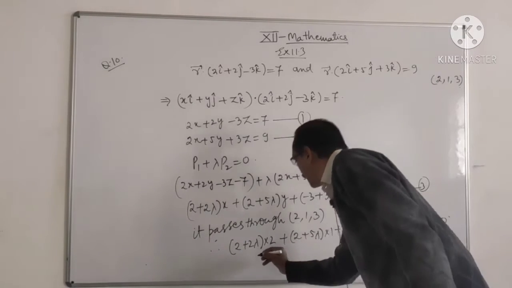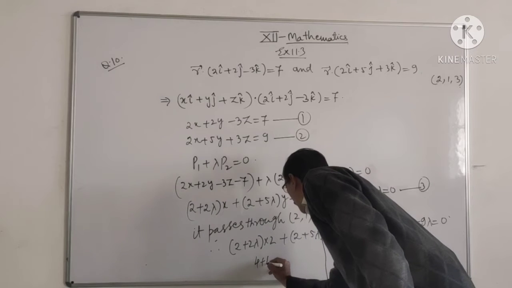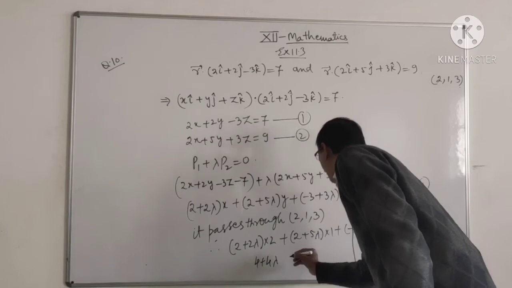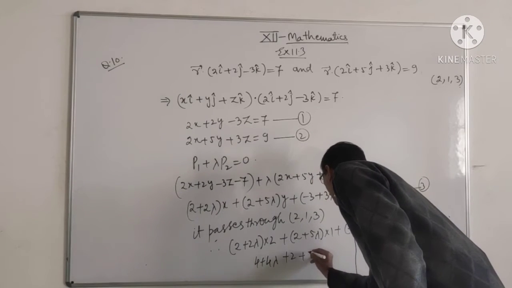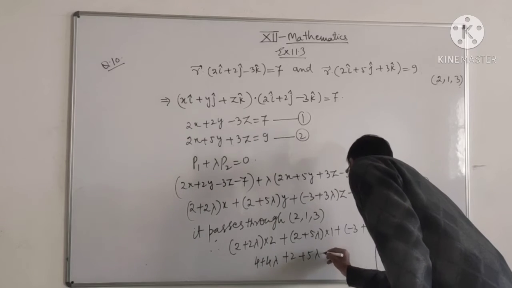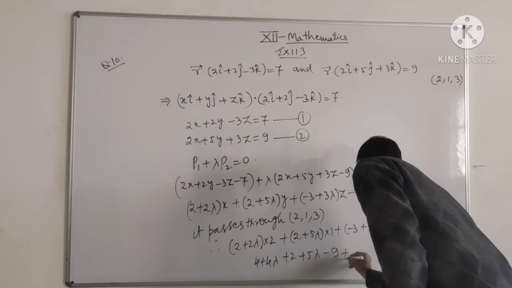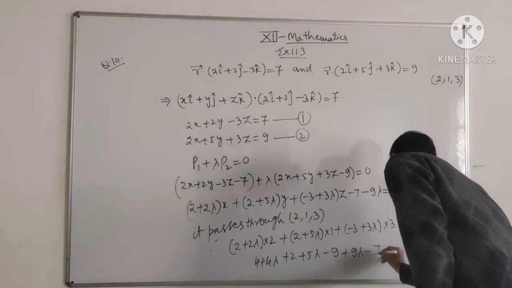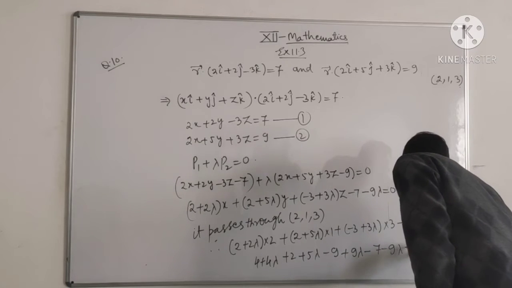Now we have to solve it. It is 4 plus 4 lambda plus 2 plus 5 lambda minus 9 plus 9 lambda minus 7 minus 9 lambda equal to 0.